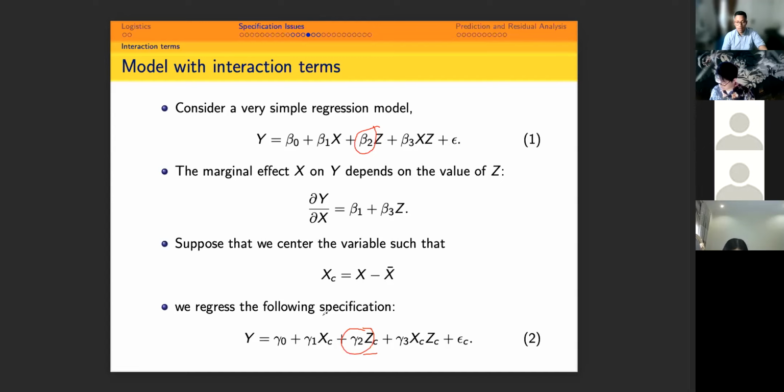Okay, and so suppose that this is education centered and this is quality centered, then the estimated gamma 2 is going to provide us with the intuition of the marginal effect of a unit increase in quality for individuals with average education. So that would be the interpretation of beta 2 and the interpretation of gamma 2. Okay. All right. Any other clarification before we go to Stata and discuss a particular example?